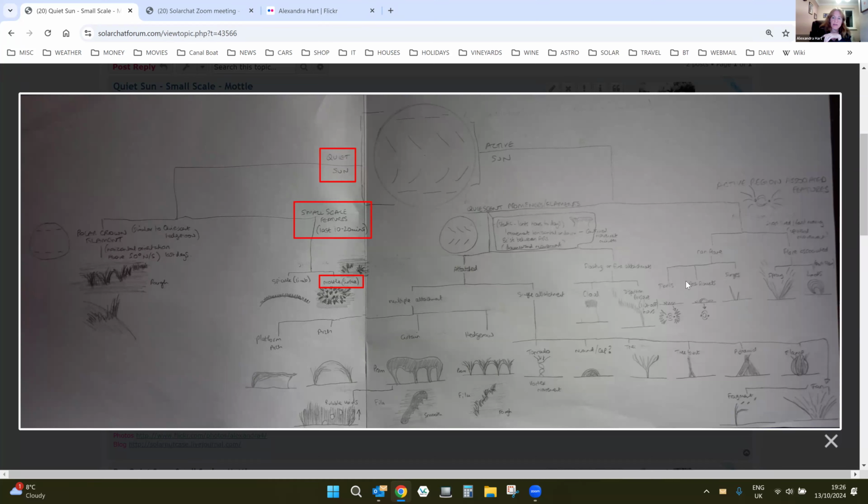Yeah, this is one of my discussion things, that this prominence chart that I've done doesn't account for size. And is size important? I think here the difference between a surge and a fibril is quite different. The size is much bigger in a surge.